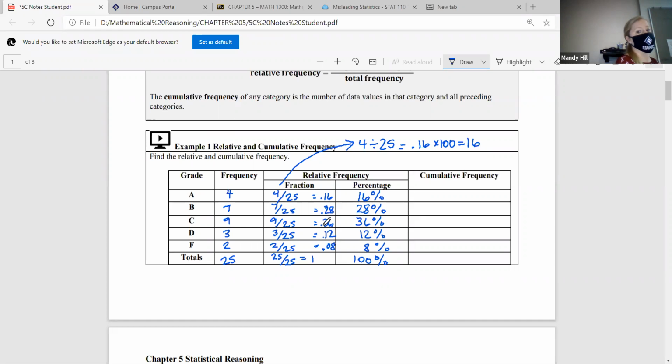And if you do that and you round, when you add up all your percentages in this column, you might get something really close to 100%, but it won't be exact. Okay, so don't let that flip you out. But it should be really close to 100% if not exact if you didn't round. Any questions about any of this so far?